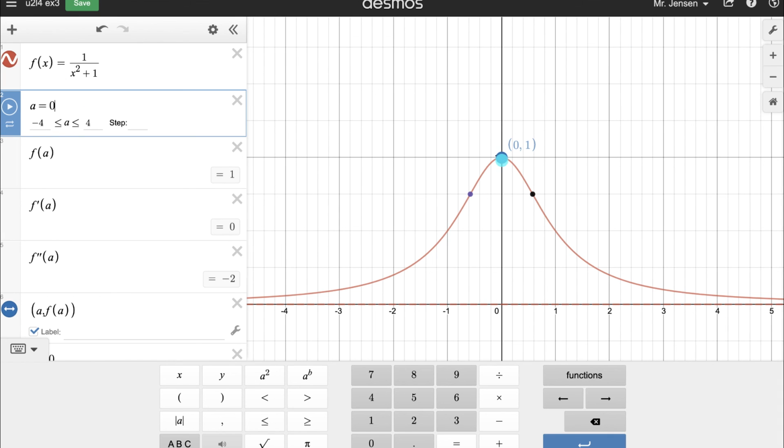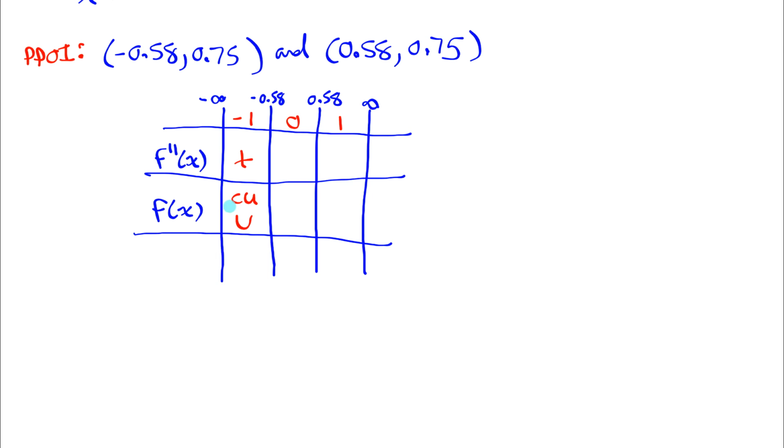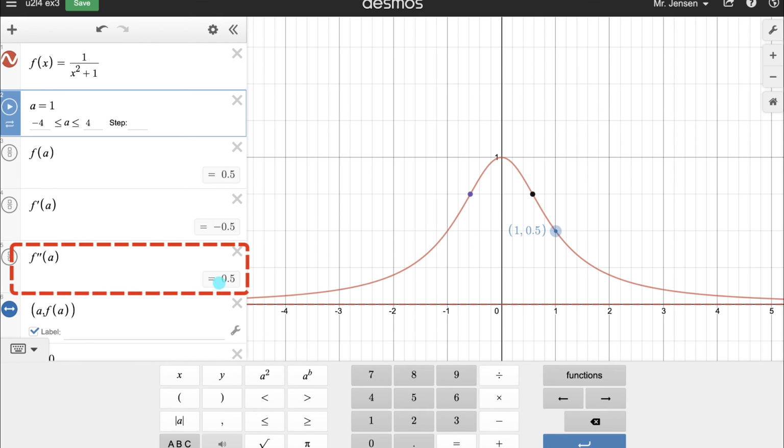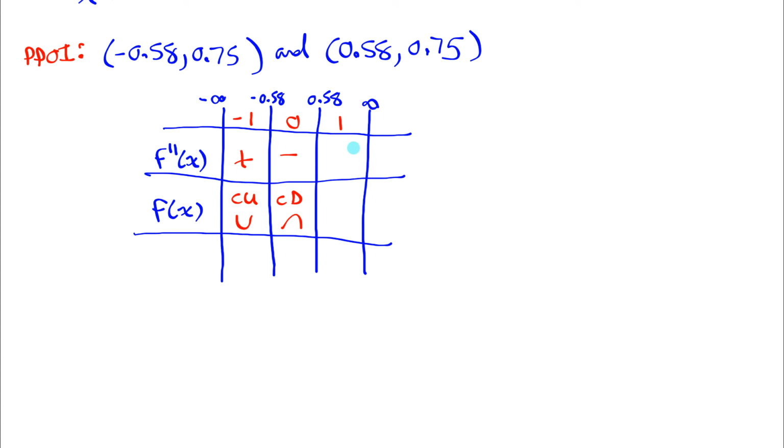So that means at that point, the second derivative is negative, which means at that point, the function is concave down. Negative, so concave down. And in my third interval, I chose a test value of 1. If we look at the second derivative, it's positive there. So at that point, the function is concave up. So in my last interval, the second derivative is positive, which means the function is concave up in that interval.